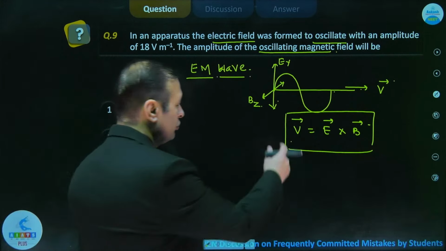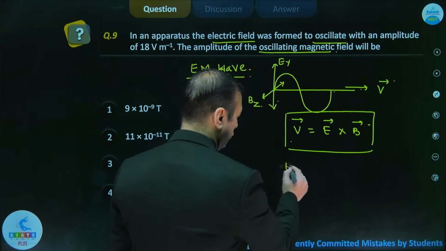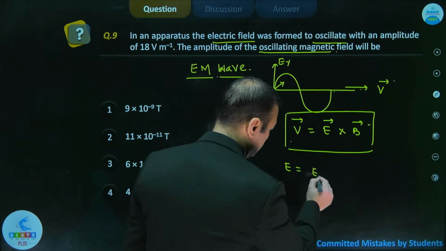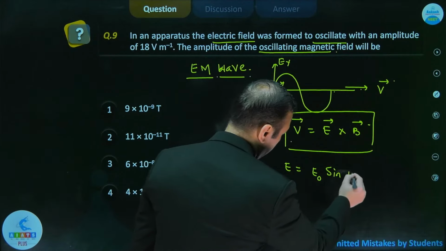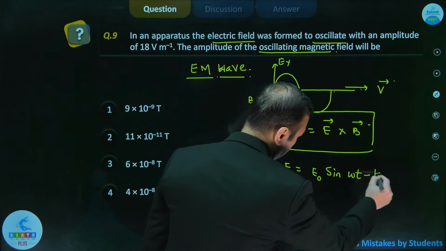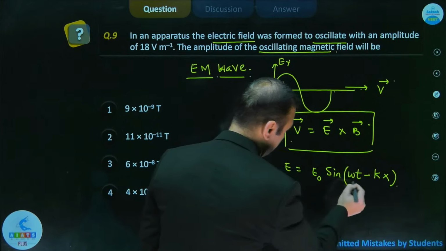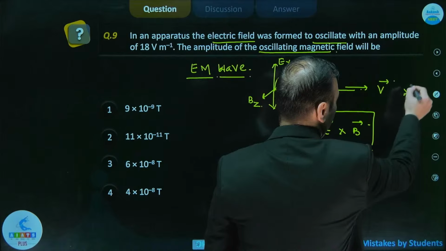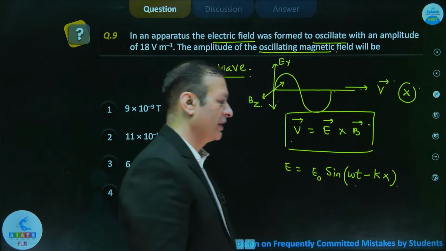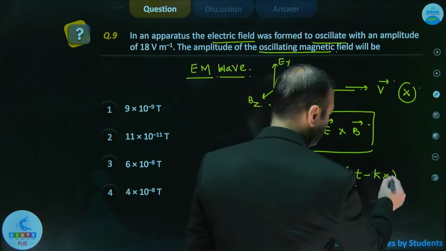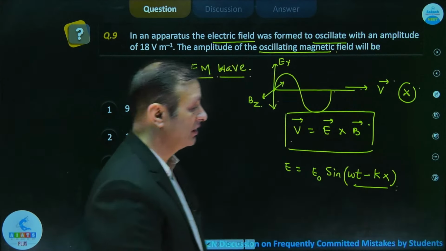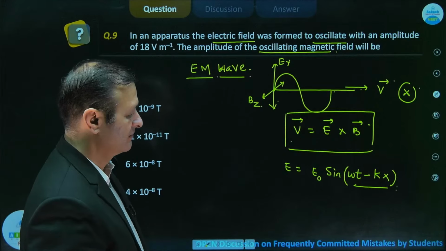Second, what is the equation for the oscillating electric field? We'll keep it like this: E naught sine (omega t minus kx). Because this is propagating, let's suppose, along the x-axis, this part suggests it's propagating along the positive x-axis.